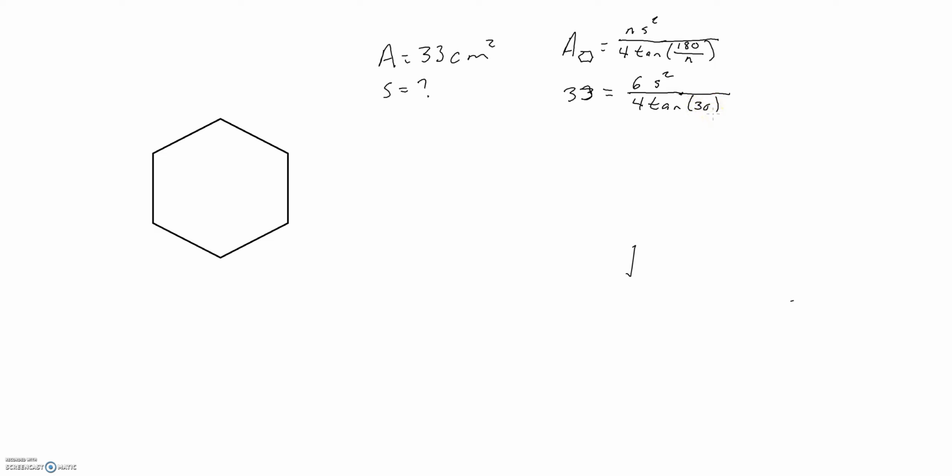All right, so we take 4 times the tangent of 30. We find that that is 2.3. So we have 33 is equal to 6s squared all over 2.3. I'll multiply each side by 2.3 to get rid of it.